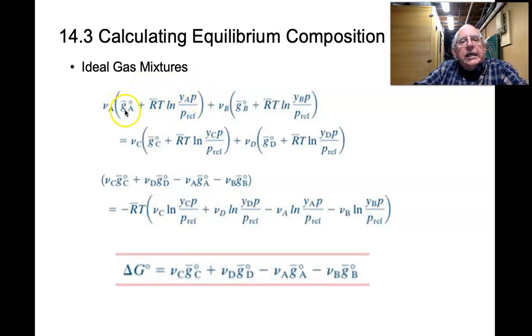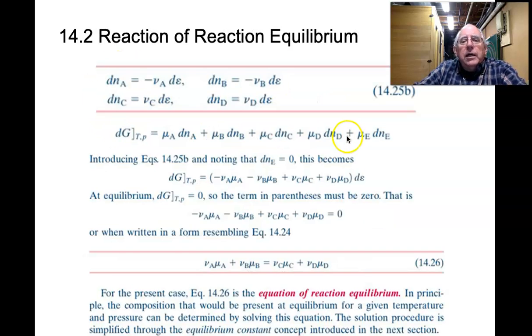So this is the chemical potential for component A at a given temperature and pressure for the mixture. This is the chemical potential associated with component B. This is the chemical potential associated with component C, and this is the chemical potential associated with component D. And so again, this equation right here is the equation of reaction equilibrium.